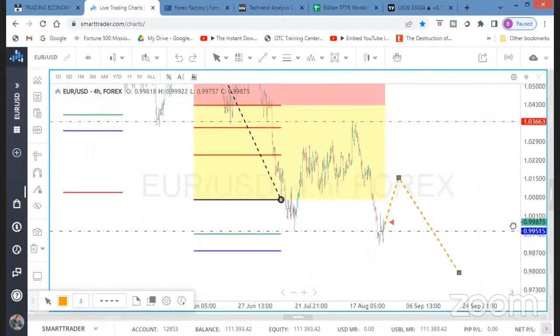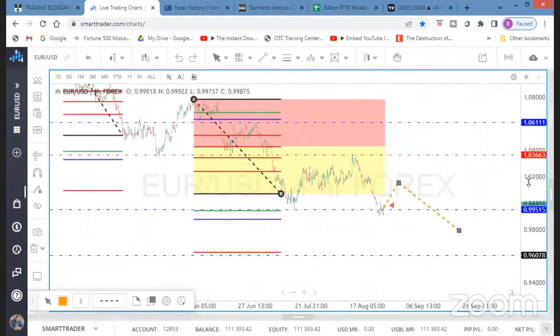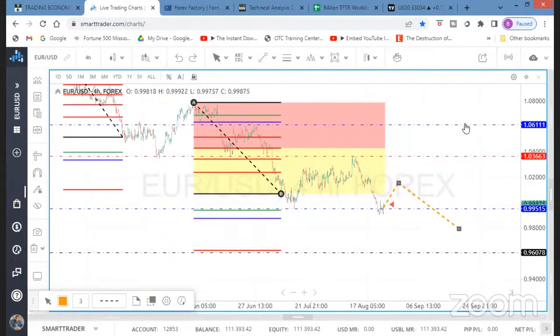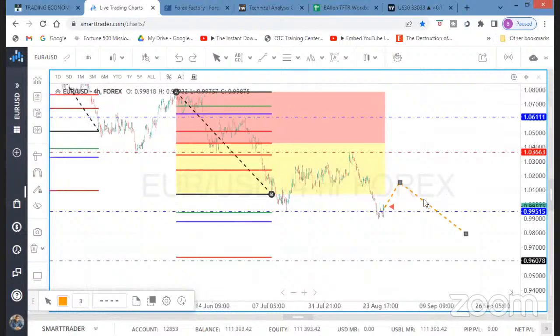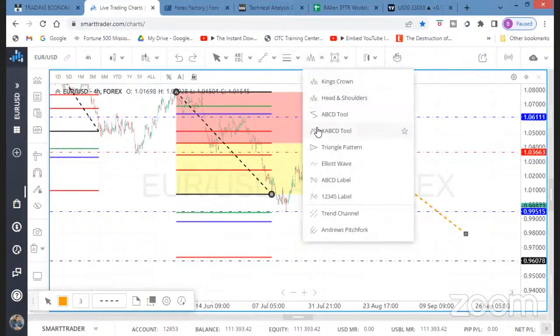I'm not sure if we get that harmonic type move all the way back up to 106. I guess I could see if it got range bound from 99 to 103, but I don't know. But you can never say never. Right now I don't see that type of momentum.